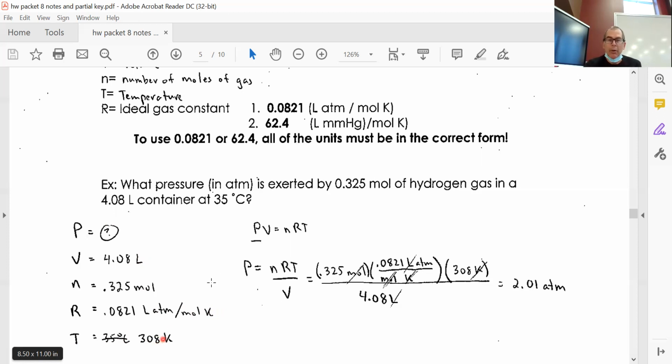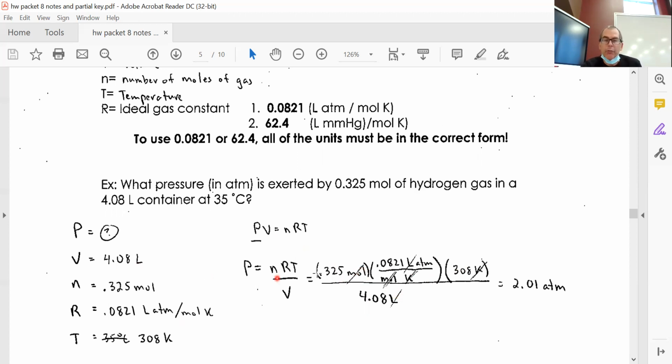Now I look at this, and I've got PV equals nRT. I isolate P, so V goes into the denominator, and then I just punch in the numbers. Typically, I'll put in the numbers without the units. I do my unit check over here, but I just wanted to show you how the units end up canceling out.